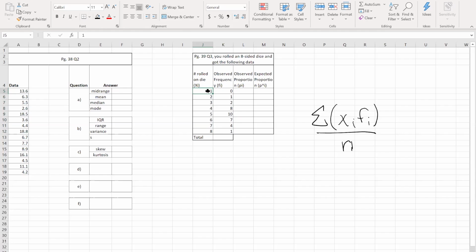You're essentially doing 1 times 0 plus 2 times 1 plus 3 times 2 plus 4 times 8. You're summing the products of these numbers and then dividing that by the sample size. Okay, thank you. Yeah, and I think that's written out on page 37. But using the sum product function to get this value is very fast.